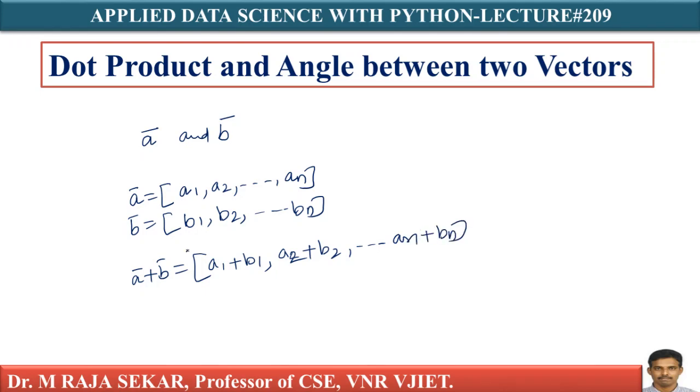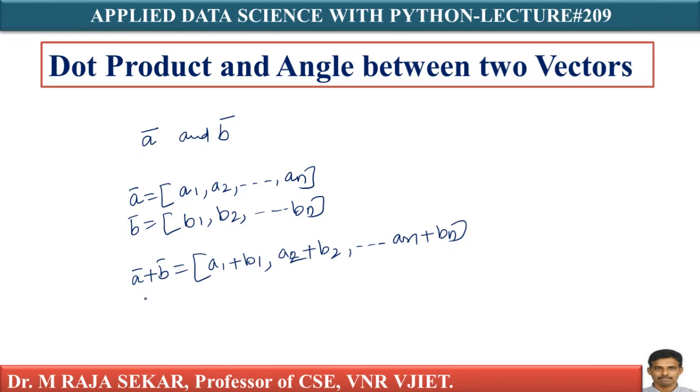It's simply component wise addition. It is a very straightforward idea. This is how you add two vectors.